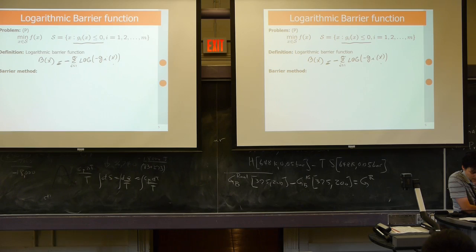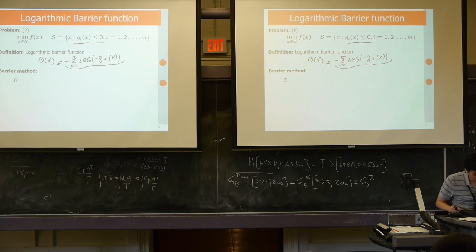Okay, so if x is feasible, then gi(x) is negative, minus gi(x) is positive, so the logarithm will be positive. And as we approach 0 with gi(x), this expression would diverge to infinity.